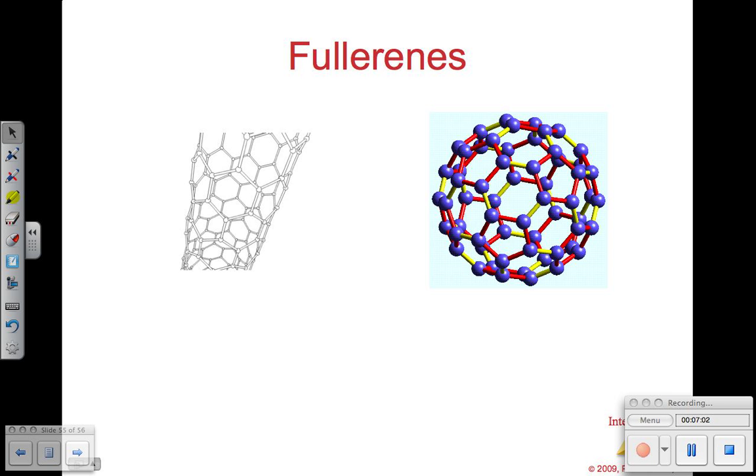Lots of really cool chemistry is coming out of the use of these nanotubes, everything from exploring the potential of really super strong building materials to developing artificial muscle, where when you put an electric current through nanotubes, they actually change their shape, they flex.